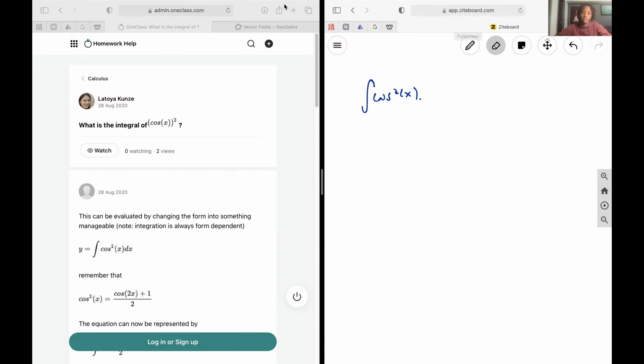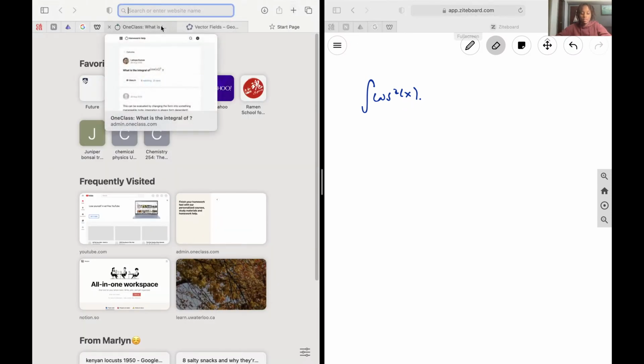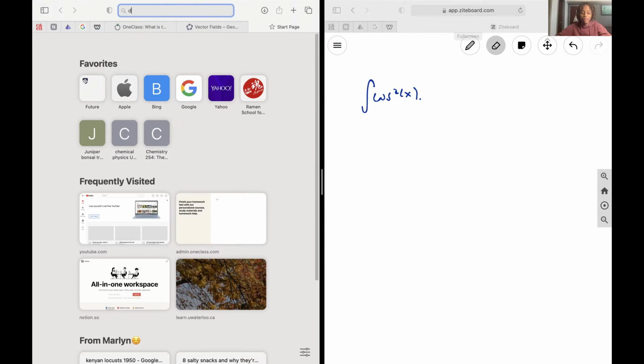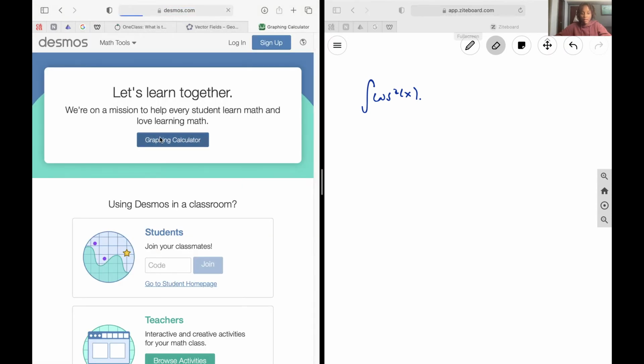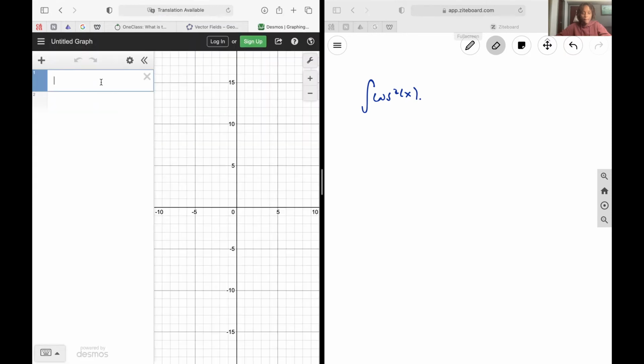And the reason that that makes sense is because of what an integral is. The integral is the area under the graph. And so let's say I have two functions. I have a function a of x and b of x.